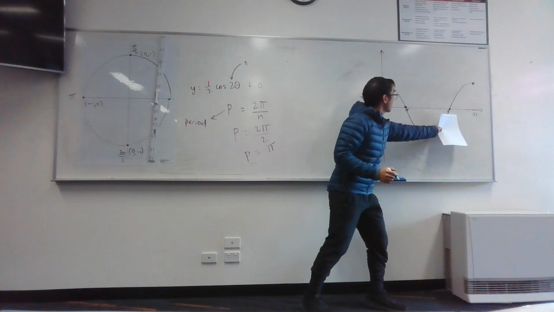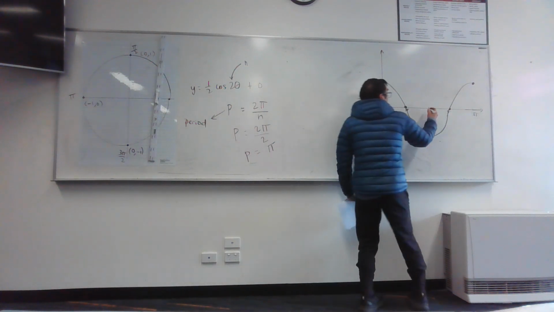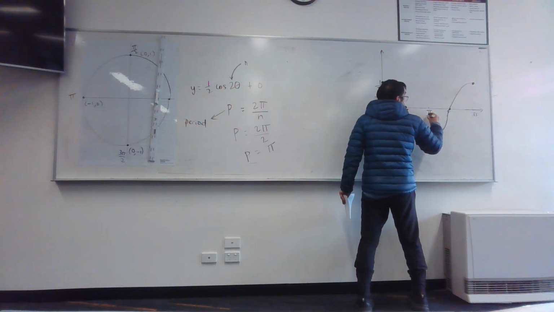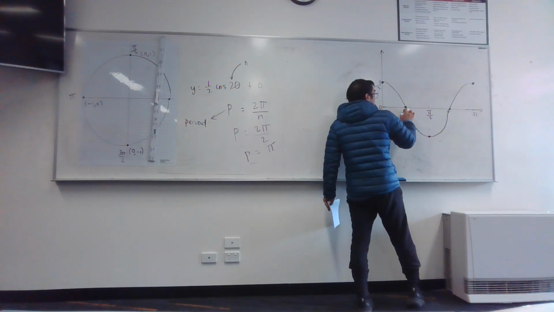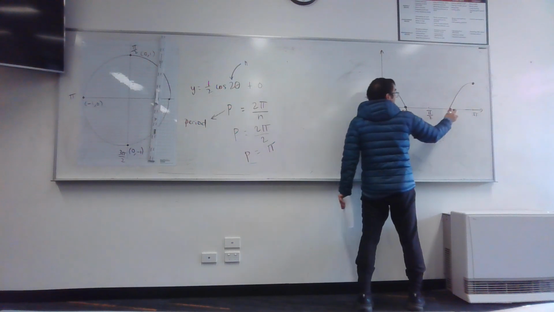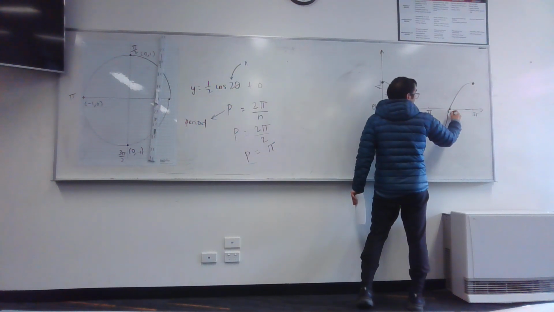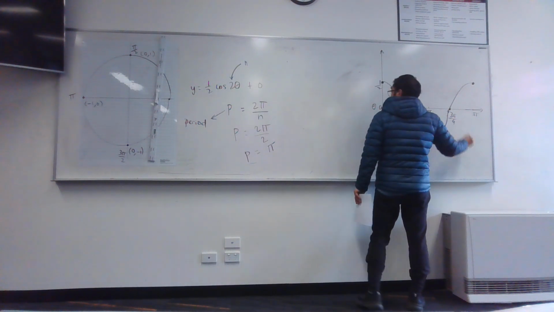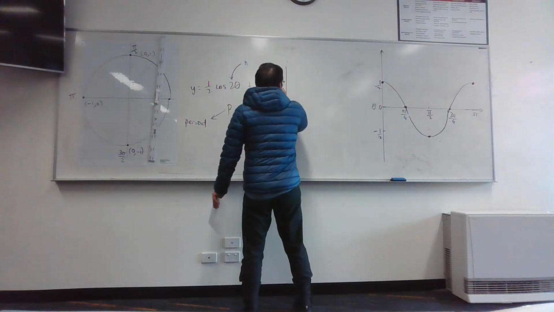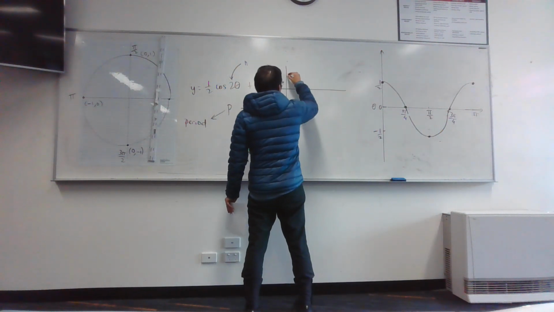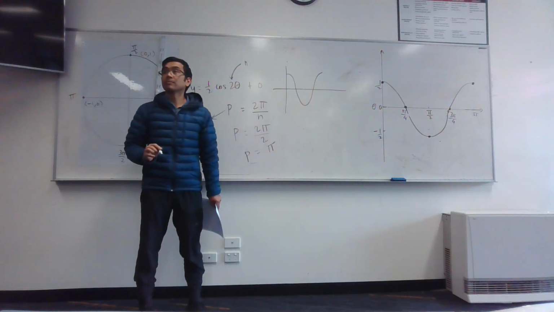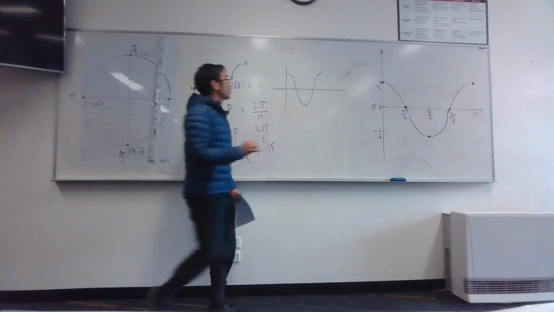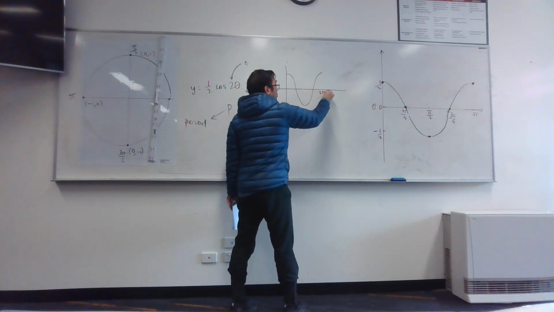So therefore, what's half of pi? Pi on 2. What's half of a half? Pi on 4 and 3 pi on 4. What's happening here? So remember, with the cosine, we did that. But what we have now, originally that was that.